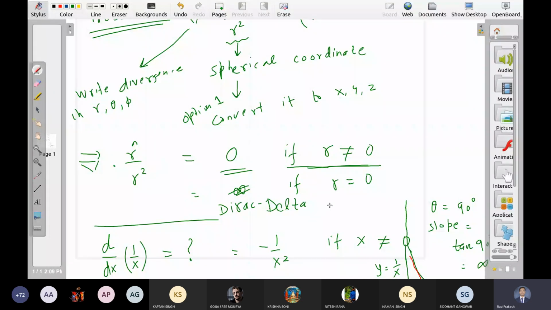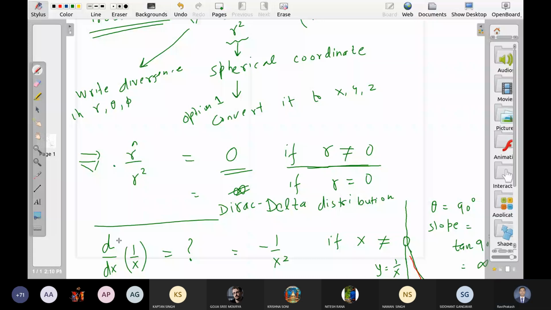Let me call it a distribution. Yes, Dirac delta distribution looks like infinity. So in a loose sense, you can say that it is infinity at r is equal to 0. But this infinity has some special features. So it's better to write it as a Dirac delta distribution, and we'll discuss later.